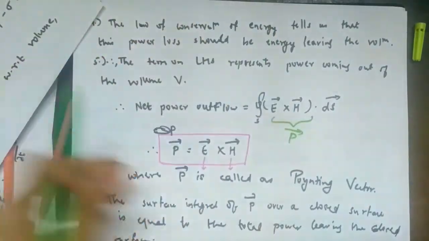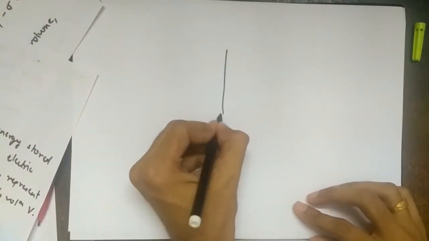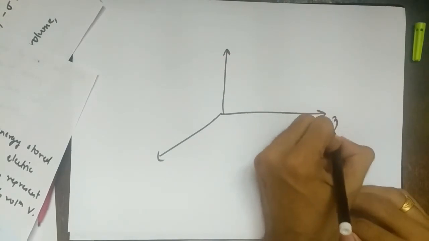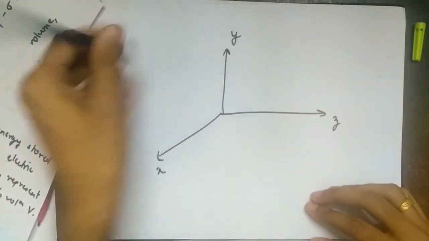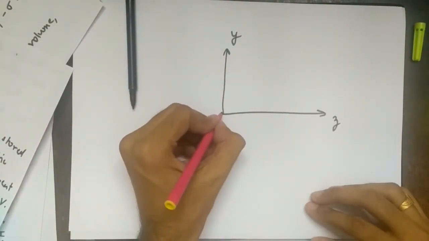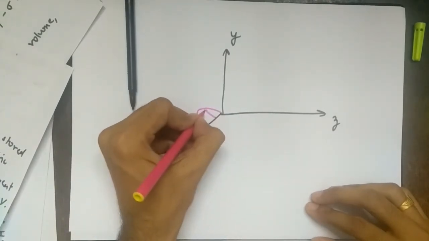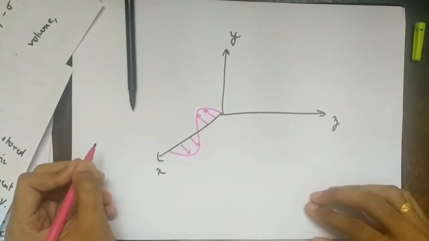Diagrammatically, what is happening? This is my z vector, along which the power is traveling. So this is x, this is y. Let's say the electric field is oriented along the x direction. So imagine in 3D, right?